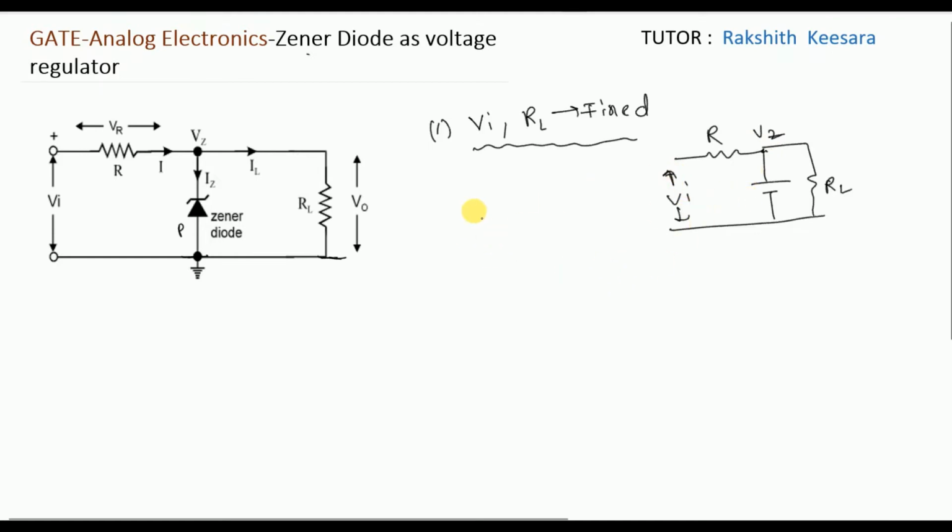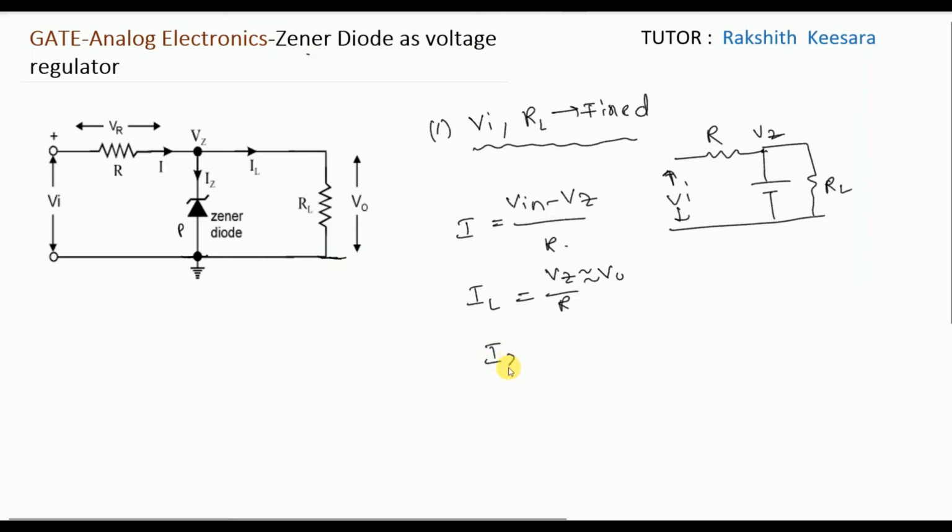Since the input voltage is Vi, input current I equal to V input minus Vz by R. What will be load current? Since Vz is equal to V0, load current is equal to Vz by RL.